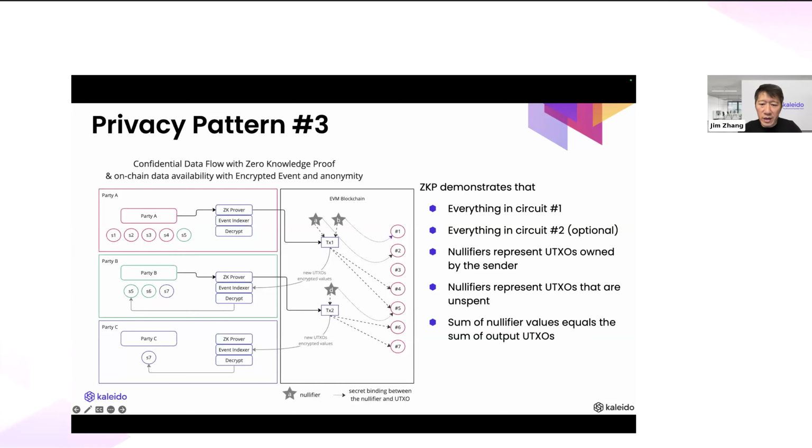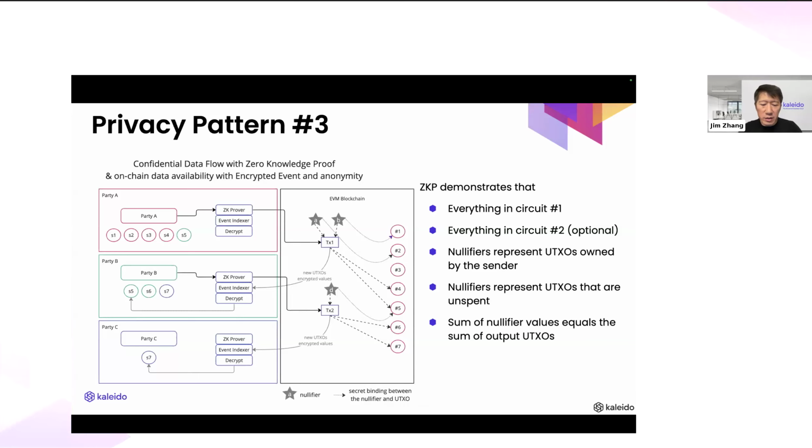Now we can see that all these states are lined up in the collection, and no one knows anymore for a particular transaction which of these UTXOs are being spent because of the usage of the nullifiers here. And the binding is illustrated with these dotted lines, and that's only known to the sender. No one else knows the binding here.